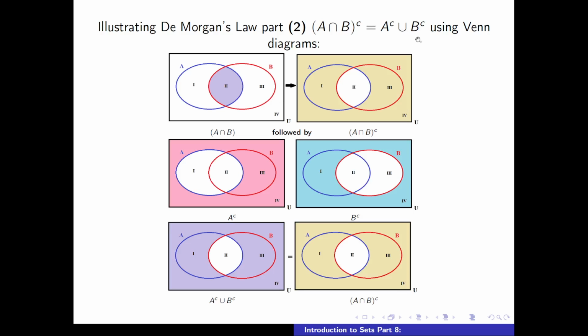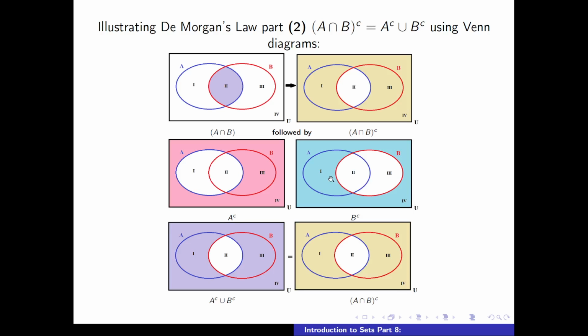Now again, we're going to build the right-hand side. We start again with the complement of A, here in pink, which are regions 3 and 4, the complement of B here in blue, which are regions 1 and 4, and the union of these. This time we're taking the union of the complement of A and the complement of B. So we have regions 3, 4, 1, 4.